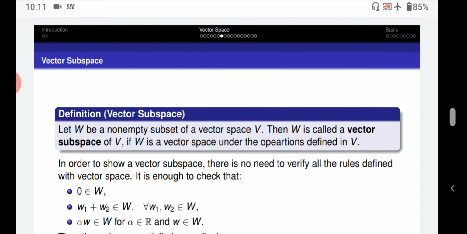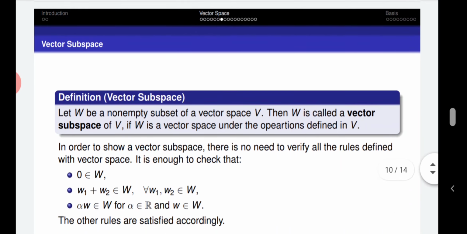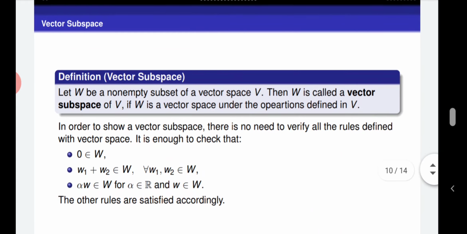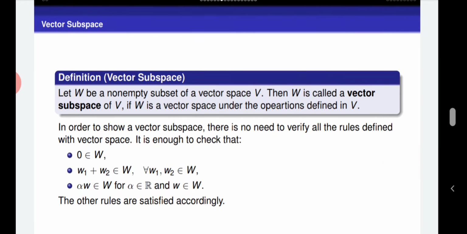Now, after the definition of a vector space, we are going to define a vector subspace. Let W be a non-empty subset of a vector space V, then W is called a vector subspace of V if W is a vector space under the operations defined in V. In order to show a vector subspace, there is no need to verify all the rules defined for a vector space.